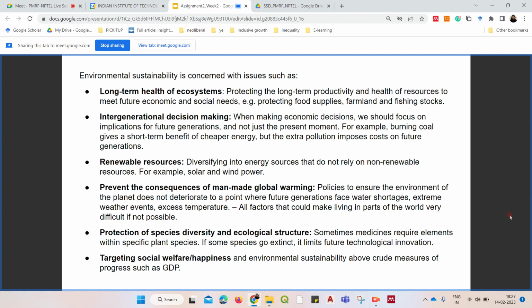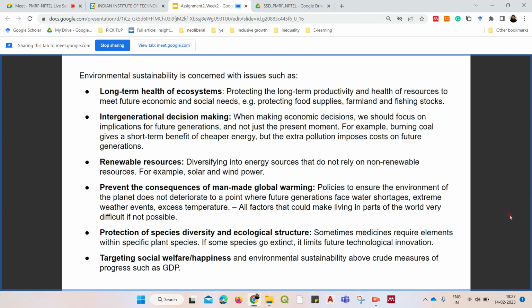And even if some component of the species diversity or of the ecosystem is affected in some way, the balance of the whole ecosystem can be disturbed. So protection of species and species diversity and ecological structure is also one component of environmental sustainability, and it can be linked to the long-term health of the ecosystem.